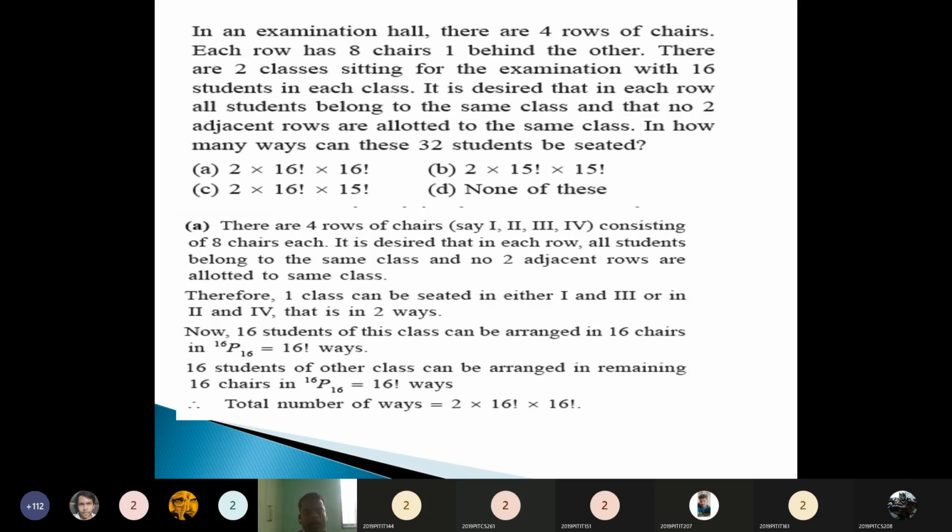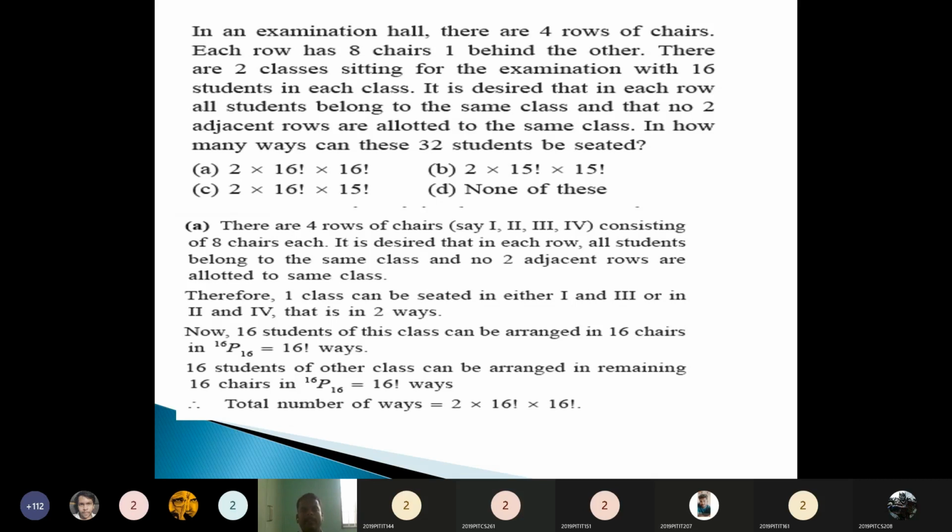Here no roll number, no register number, any different order you can arrange, so this is a permutation arrangement. So those 16 students can be arranged in the first row and the third row in 16 factorial ways. If you want, you can give names to the students, and one by one you can check the different arrangements.